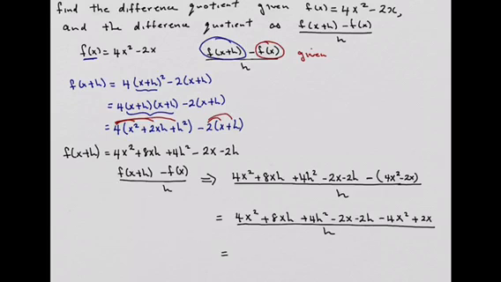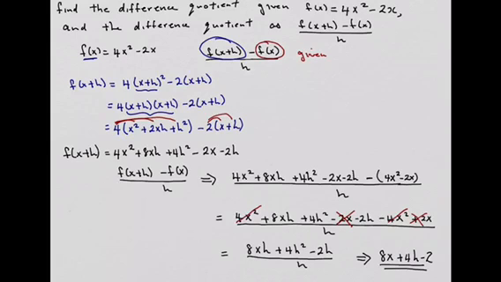For example, the positive 4x squared, the negative 4x squared, the minus 2x and the plus 2x will cancel out, and that will leave me with 8xh plus 4h squared minus 2h, everything over h. And finally, that can be simplified as 8x plus 4h minus 2. And this will be our final answer using the difference quotient form.